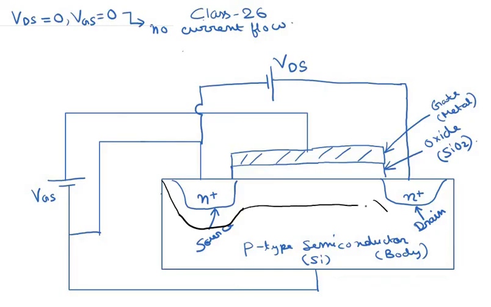So we get a depletion layer here near the surface. So this layer is basically the depletion layer, and this is negatively charged.